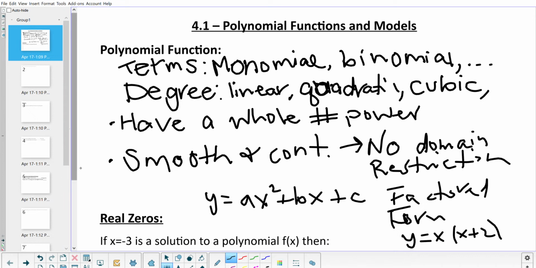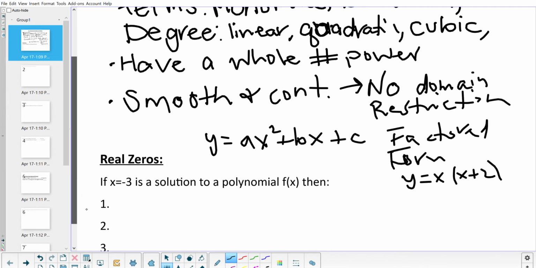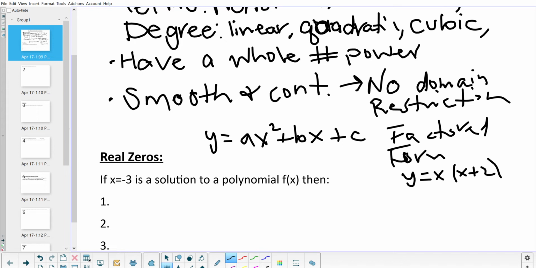Okay, moving on from our little review. Real zeros. We've talked about before how a zero is a solution. It is an x-intercept. And basically, all those things we talked about with quadratics apply no matter what type of polynomial it is, whether it's a cubic, a quartic, quintic, 6th degree, etc. So if you know that x equals -3 is a solution to a polynomial, then you know a bunch of things about what's happening at x equals -3.